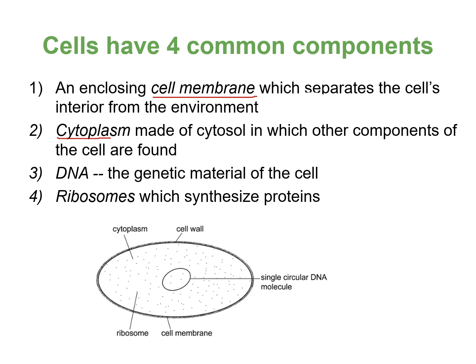All cells have a cytoplasm, which is made of cytosol. All cells have DNA, and we're going to talk about where DNA can be found in prokaryotes versus eukaryotes. And all cells also have ribosomes, which are responsible for protein synthesis.